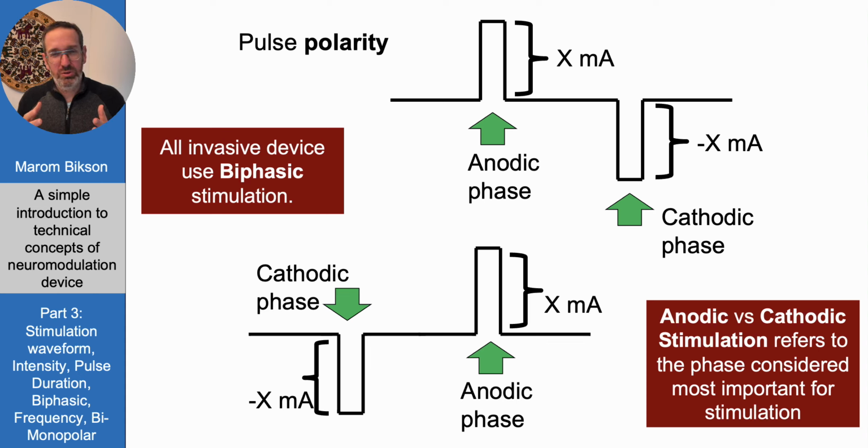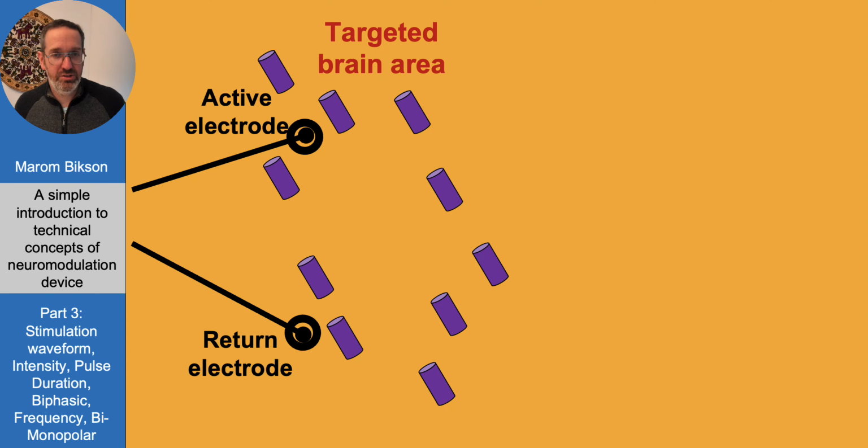Other times they'll look at each of the phases and say which one they think is more important. So even in the top case, they might say, oh, that was cathodic stimulation, because for whatever reason, I really want to focus on the cathodic term. Now we really are getting into the weeds, but understanding what the terms anodic and cathodic phase mean will at least allow you to start to follow that discussion as you get into it.